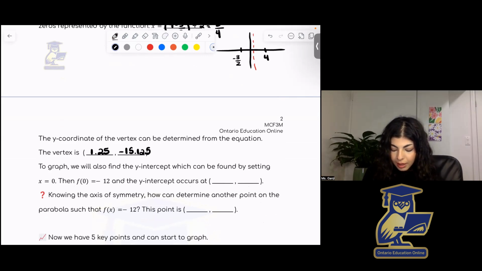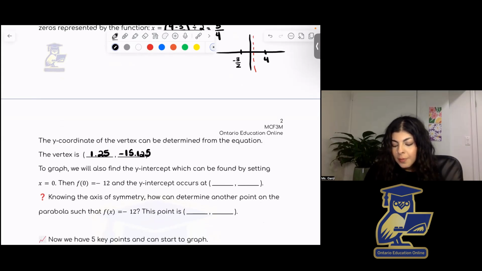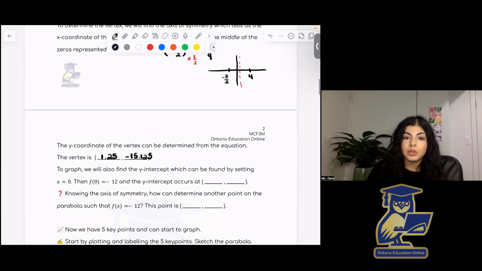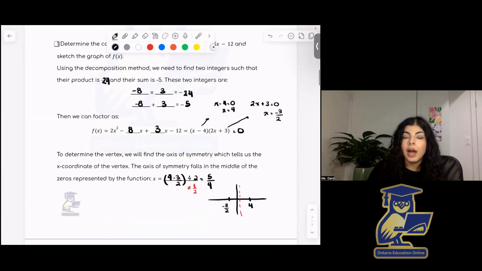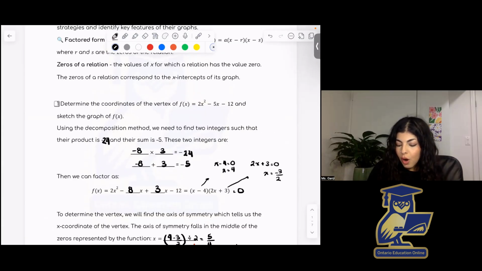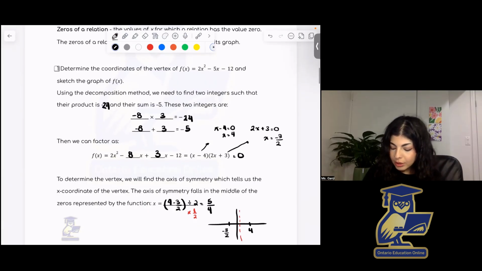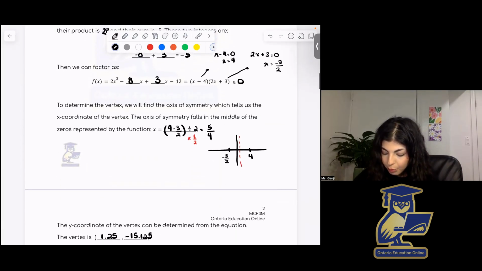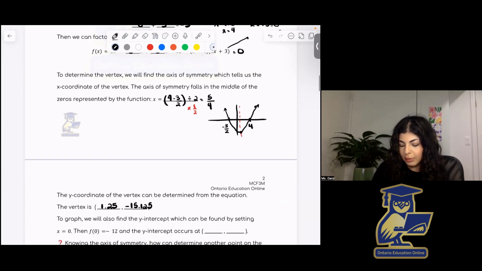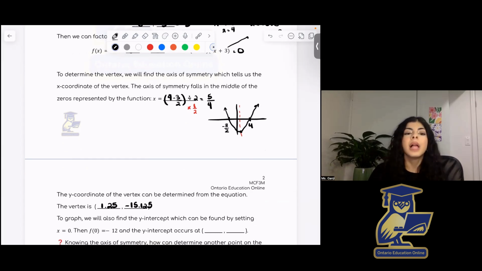And this actually works out because we had A as 2, which is greater than 0. So our parabola is opening upwards so that we would have a minimum. And that checks out. This is approximately that negative 15.